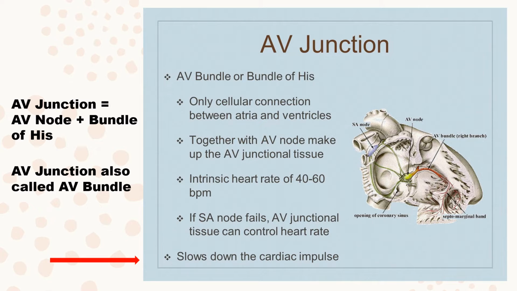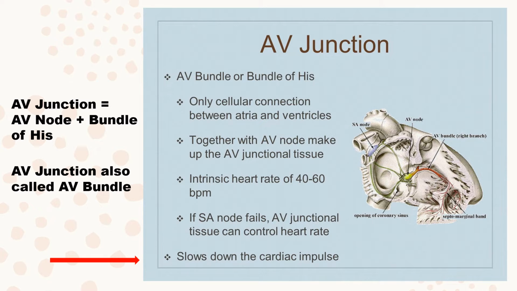The other really important function of the AV node and the bundle of His, or the AV junction, is that it slows down that cardiac impulse, that action potential coming from the SA node. It holds it for a few tenths of a second in order for atrial contraction to occur.